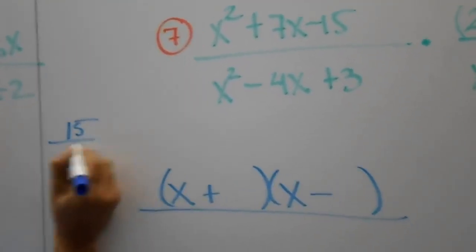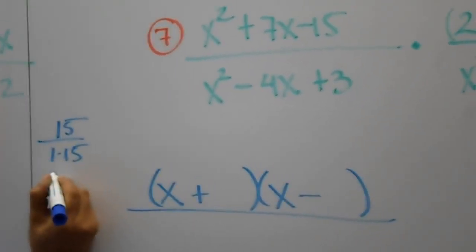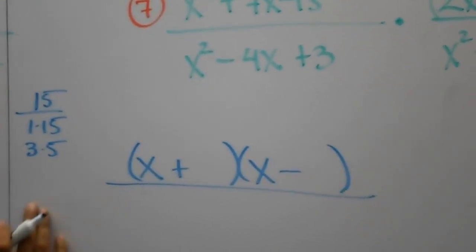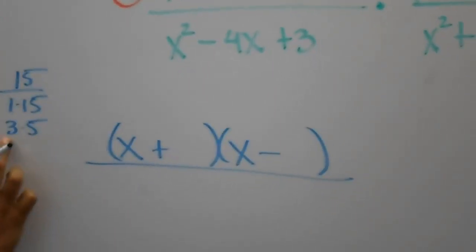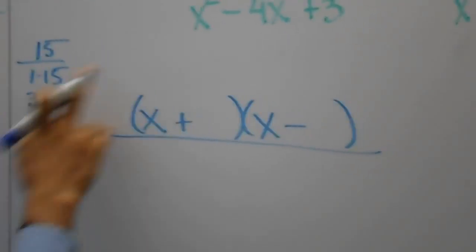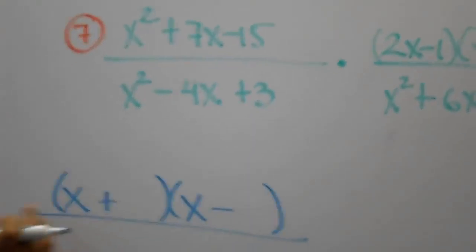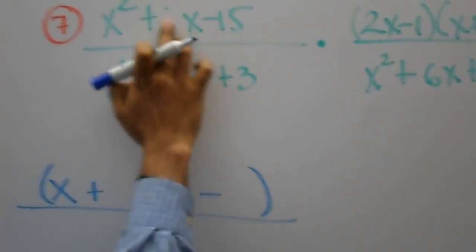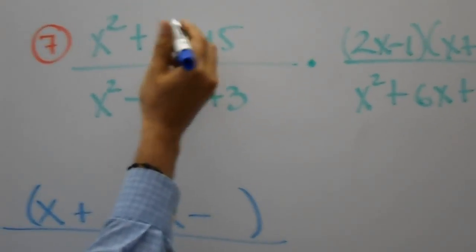What are the factors of 15? 1 and 15. And what? 3 and 5. Okay. So 3 and 5. Now notice that none of these pairs, once you combine them, will give you 7. So that you can do. So let's change this 7 into an 8, right?